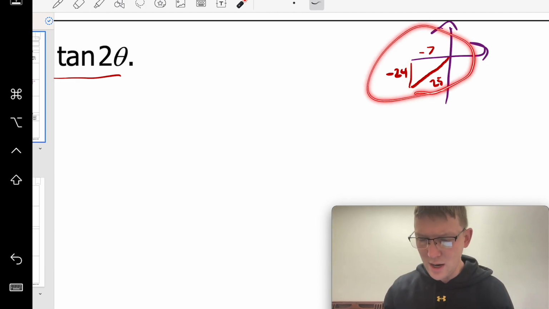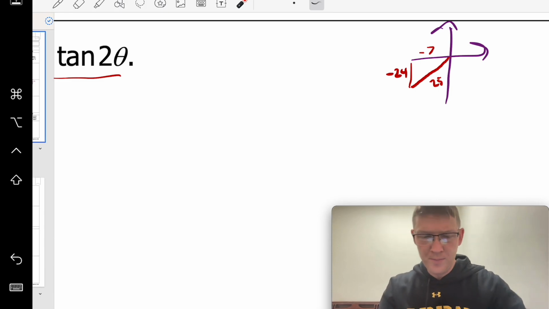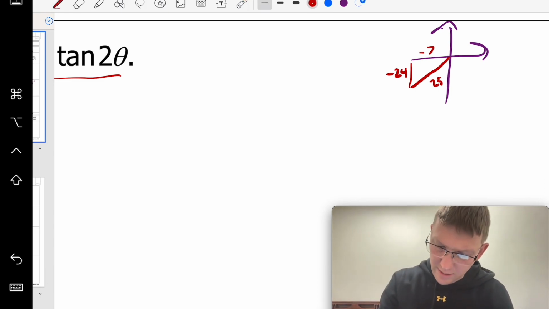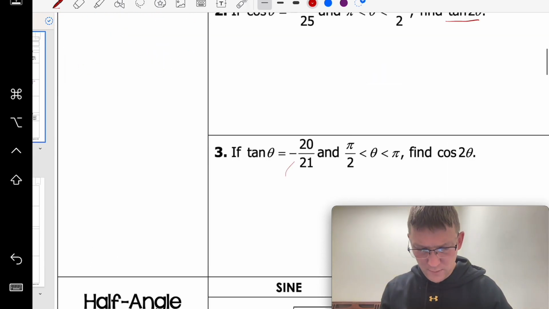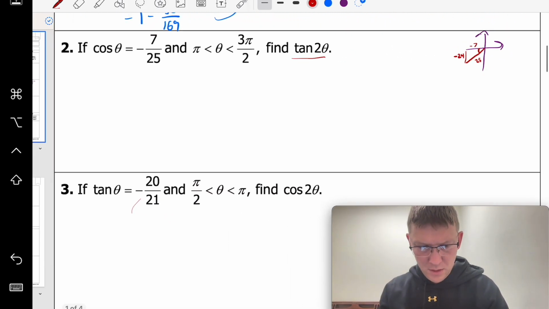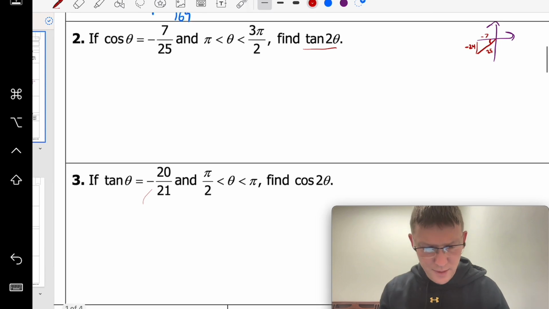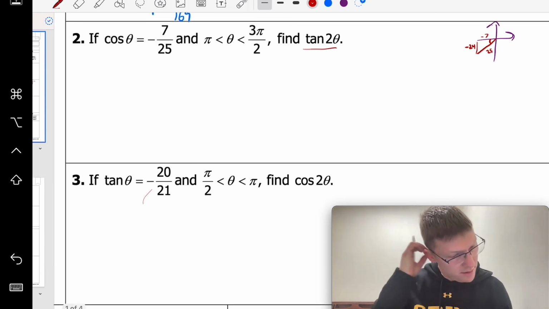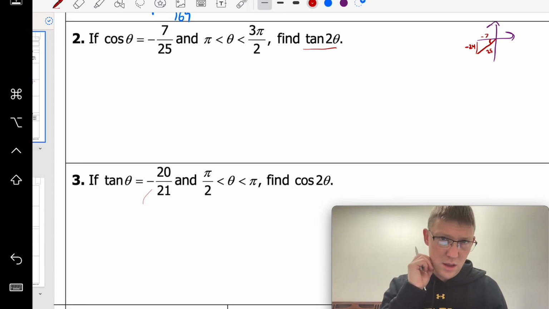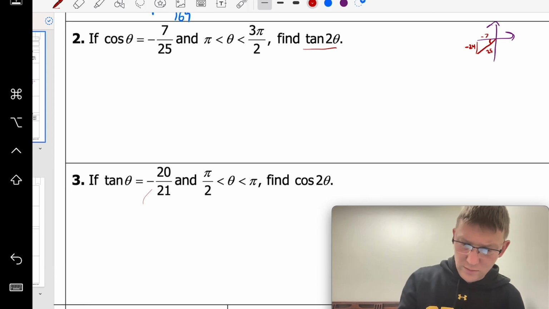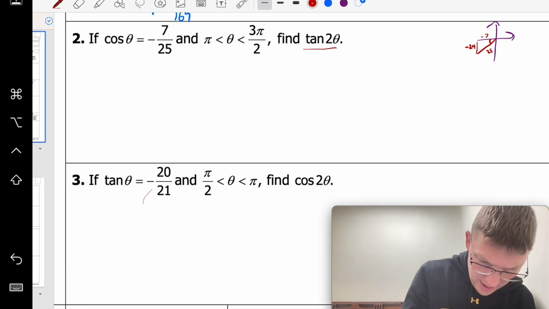But we now have a triangle, so now we can actually talk about things like sine, cosine, and so on. That's going to help us figure out the rest of this. So now, what am I going to do? Tangent of 2 theta is equal to 2 tangent of theta over 1 minus tangent squared of theta. Yeah, we are going to use that one.